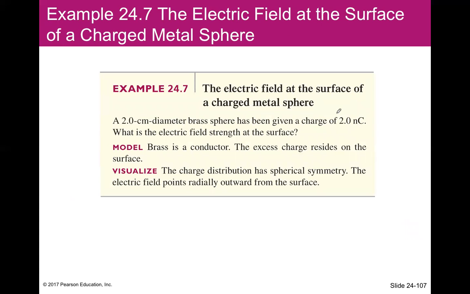Okay, let's see one example. A 2 centimeter diameter brass sphere has been given a charge of this much. What's the electric field strength at the surface?